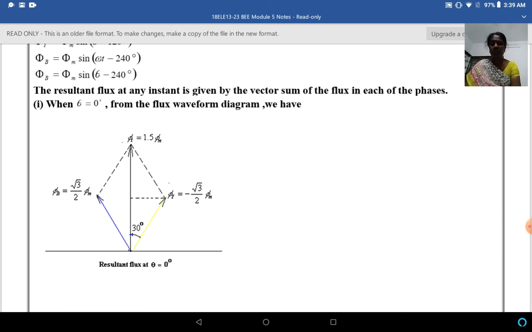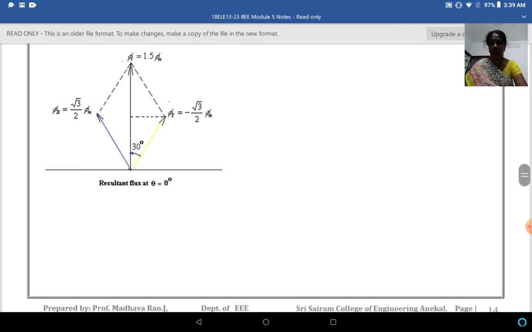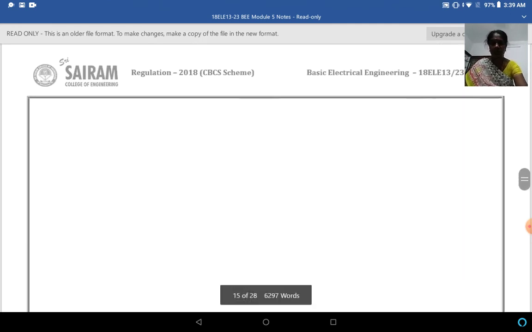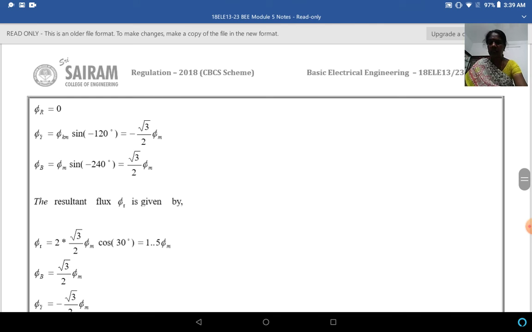When theta is equal to 0 degrees from the flux waveform diagram, phi R is equal to 0, phi Y is equal to phi m sin minus 120, so it is minus root 3 by 2 phi m, and phi B is equal to phi m sin minus 240, so root 3 by 2 into phi m.